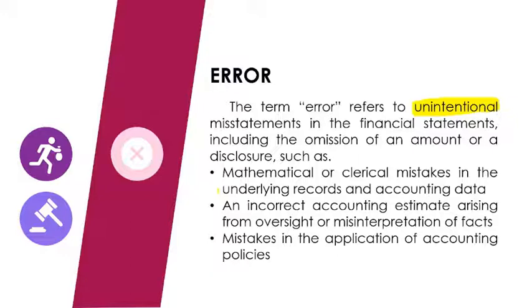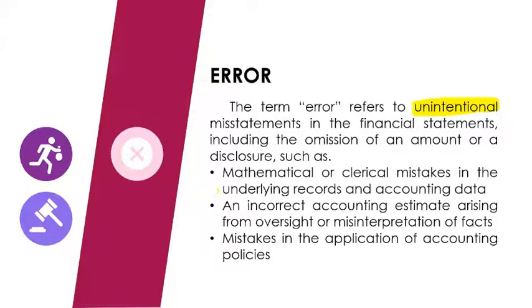So, again, when you talk about error, what you should remember is that it is unintentional. It may be that the staff just overlooked it because, again, humans as we are, are very capable of doing errors, diba? Or we are very susceptible to mistakes.